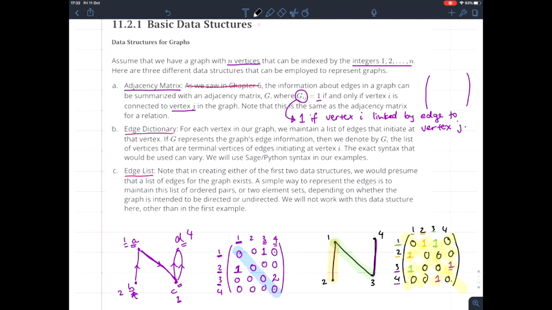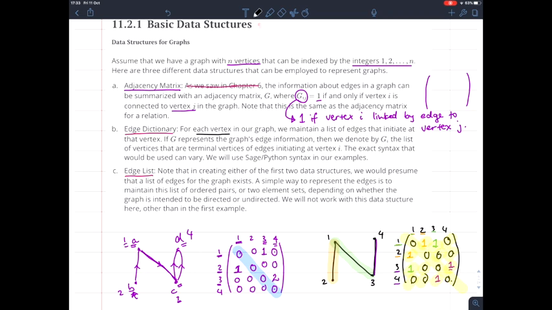So the adjacency matrix is very useful, but there are a couple of other data structures that we can also use. So we have the idea of an edge dictionary. So what we do is for each vertex in our graph, we keep a list of edges that initiate at that vertex.